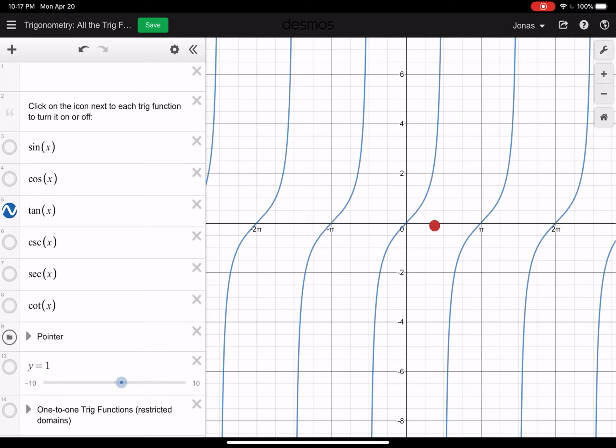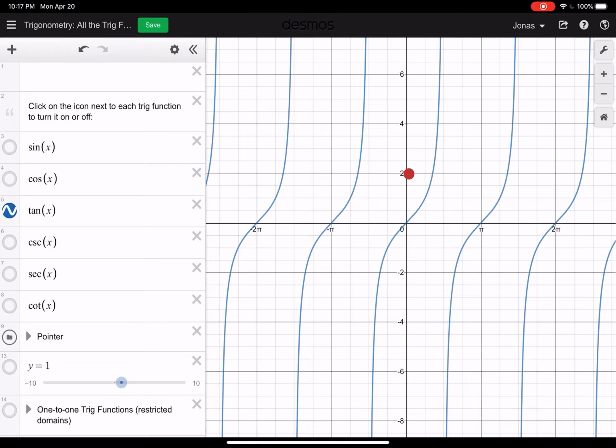Of course, the problem is that that's not the only place that you can plug in that gives an output of 2. For example, over here, if we follow that line at height 2 over to here, there's another answer. It's bigger than pi, right between pi plus pi over 4 and pi plus pi over 2.